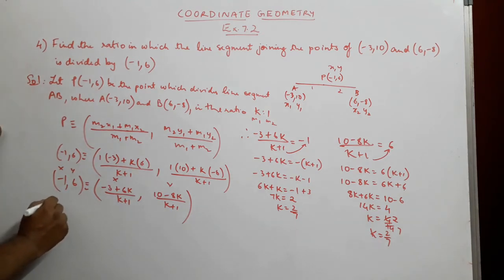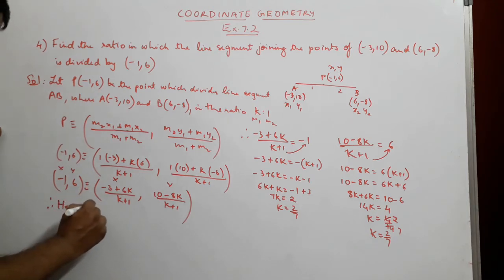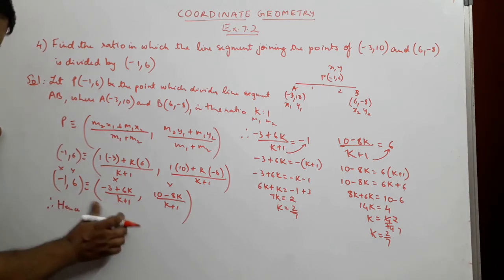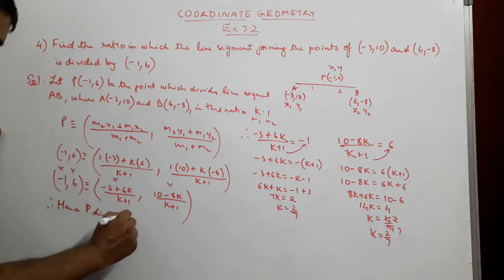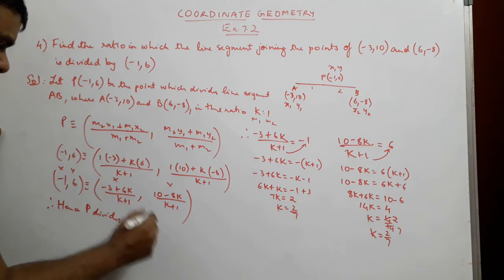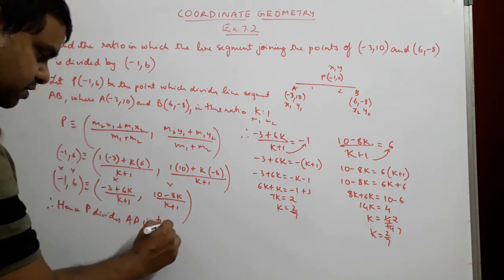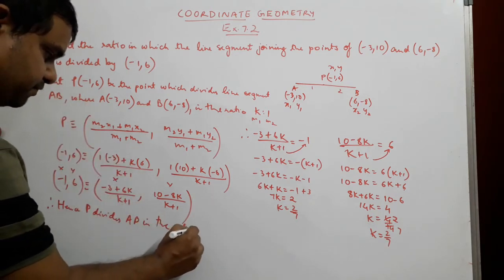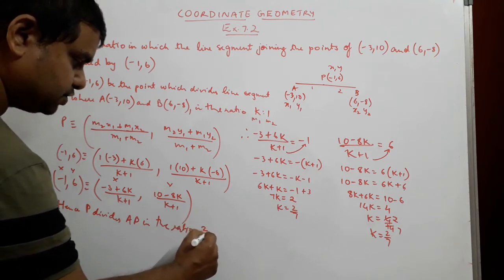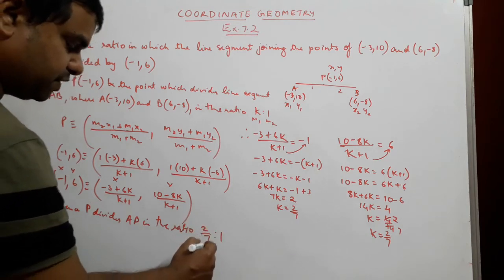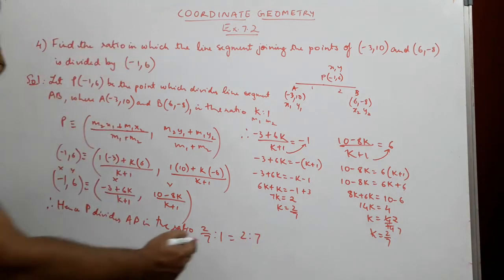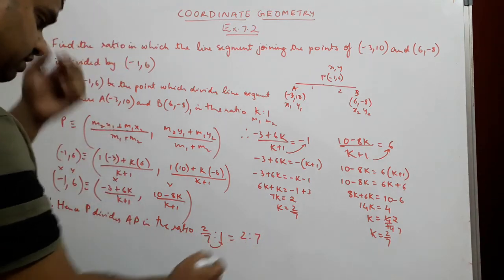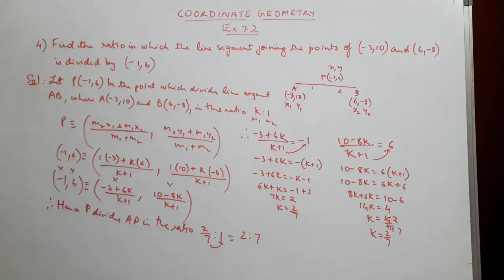So hence P divides AB in the ratio 2/7 : 1, or we can write this also equal to 2:7. When 7 goes and multiplies over here, we get 2:7. That is the ratio.